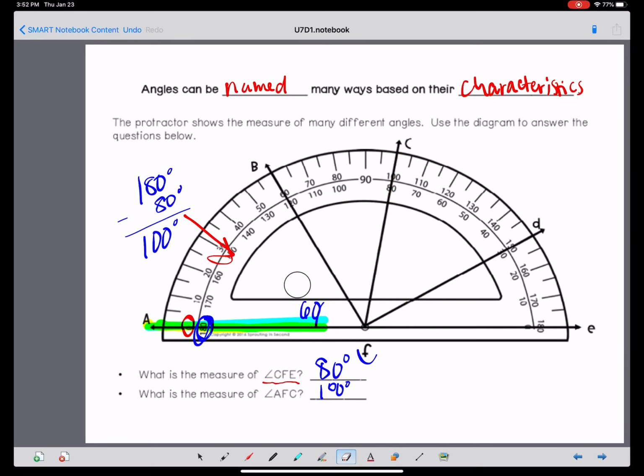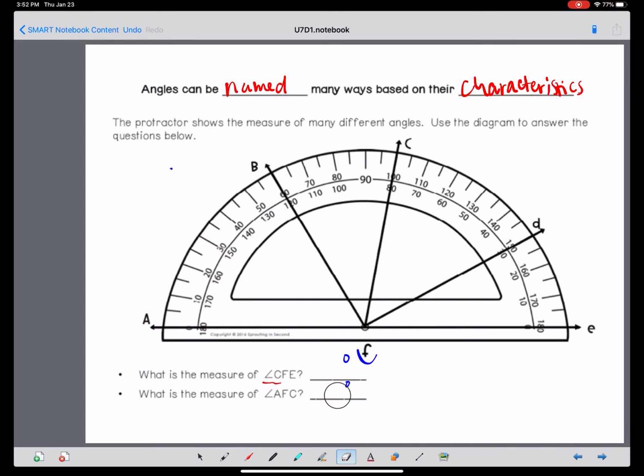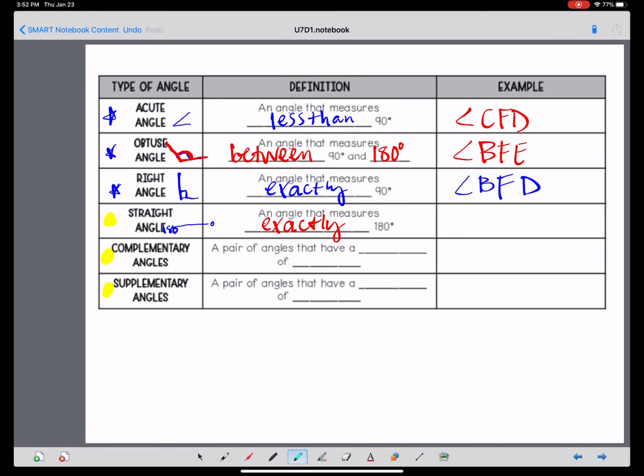So we can go ahead and write in angle A, F, and E. I'm going to show you really quick. Angle A to F to E. My angle is 180 degrees. It's also a straight line. So I can say angle AFE.